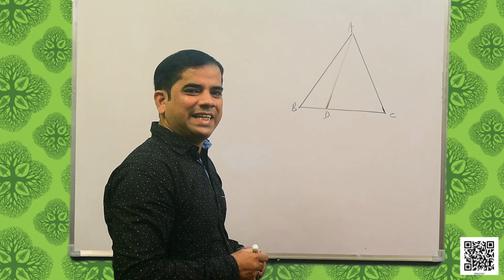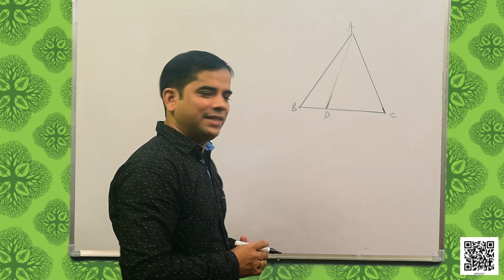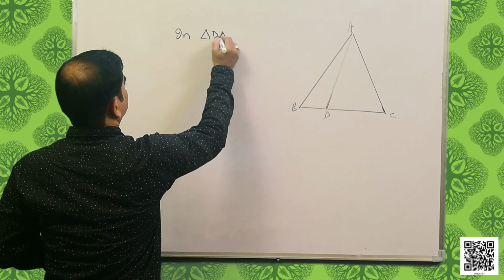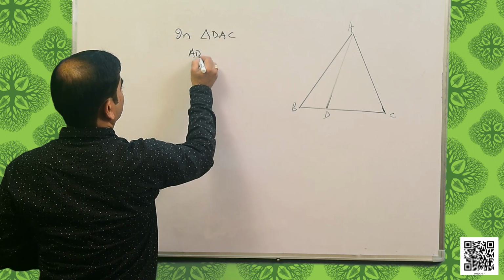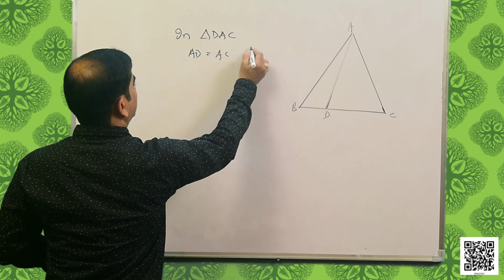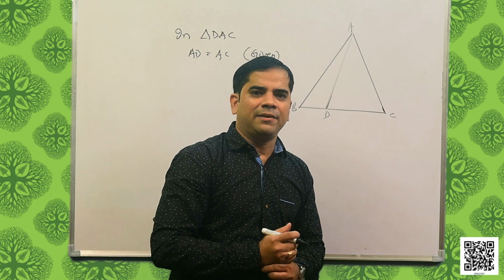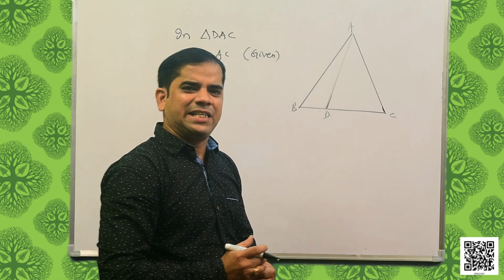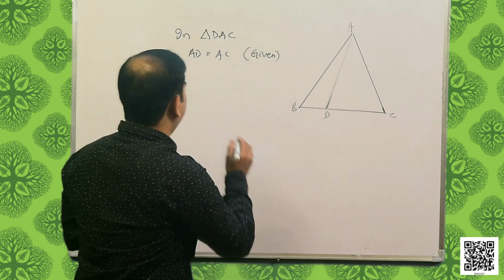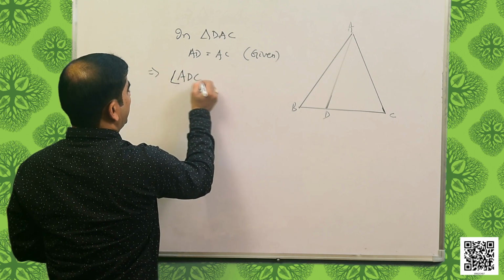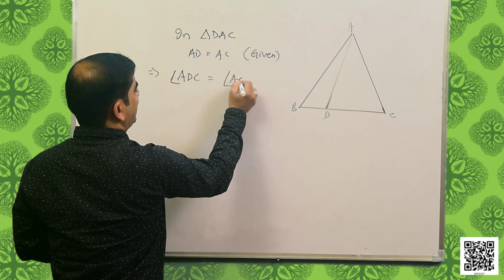In triangle DAC, AD is equal to AC. It is given. Then angle ADC is equal to angle ACD. Why?